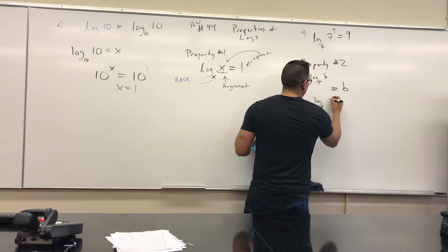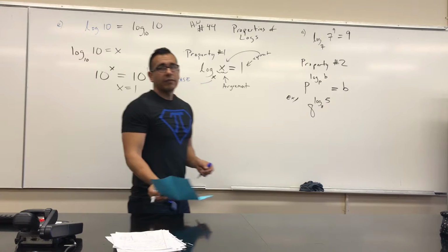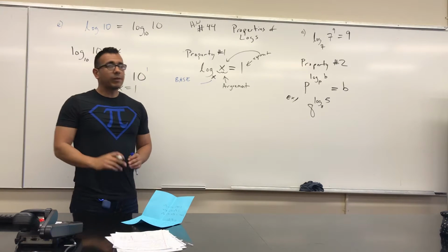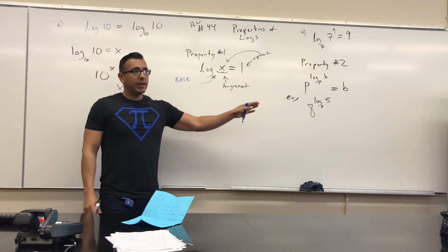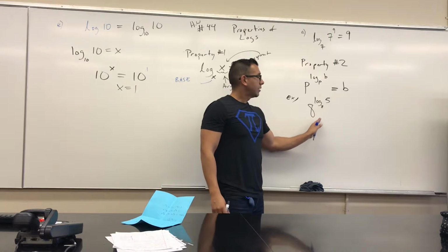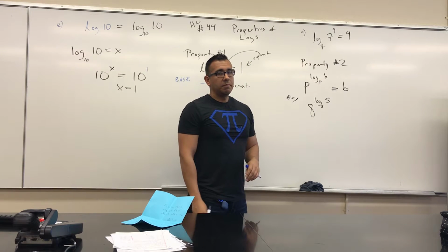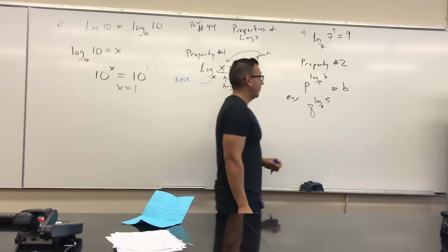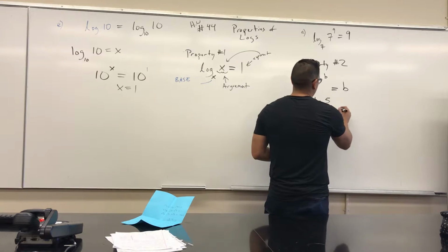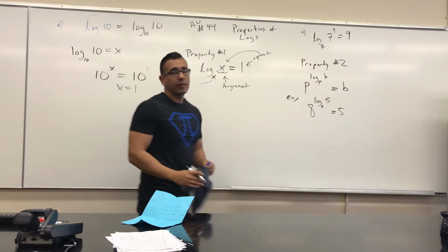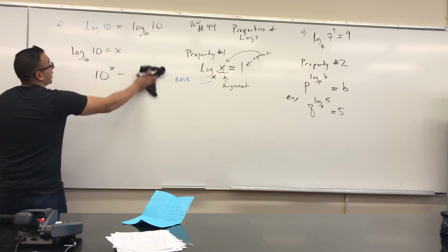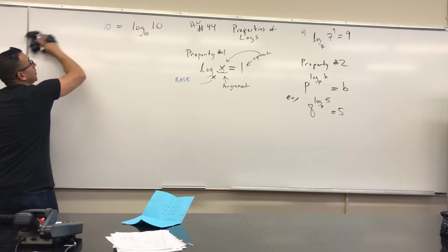And our argument is 5. Here we already know what's going to happen with the two bases. Good, it cancels and gives you 5. Alright, so questions on any of those two properties so far?